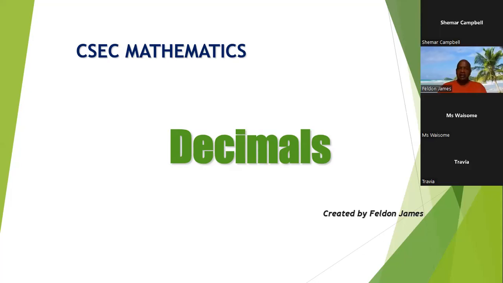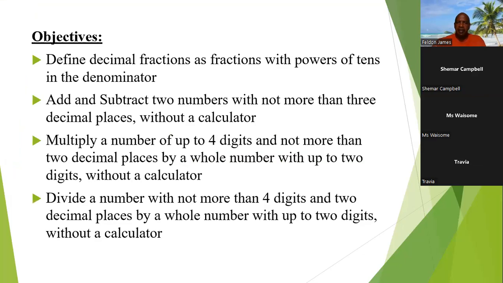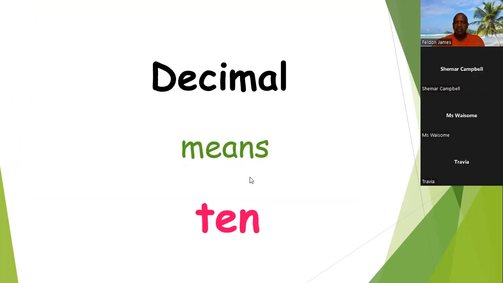So it should be clear to you then that the word decimal, all right, so these will be our objectives. We should be able to define decimal fractions as fractions with powers of 10 in their denominators. And we should be able to add them, subtract them, multiply them, and divide them, just in a similar way as what we have done with the fractions.